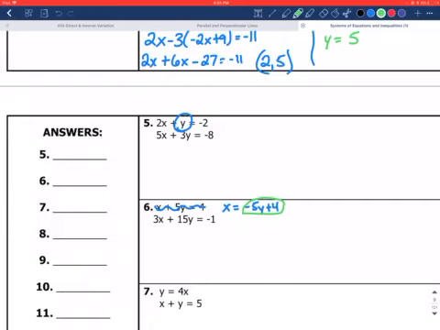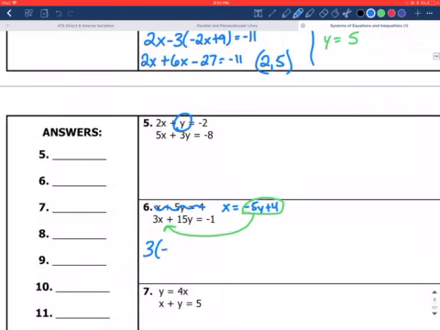Negative 5y plus 4. I'm going to substitute that in for the x. So we will have 3 times negative 5y plus 4 plus 15y equals negative 1. That'll be a negative 15y plus 12 plus 15y equals negative 1.